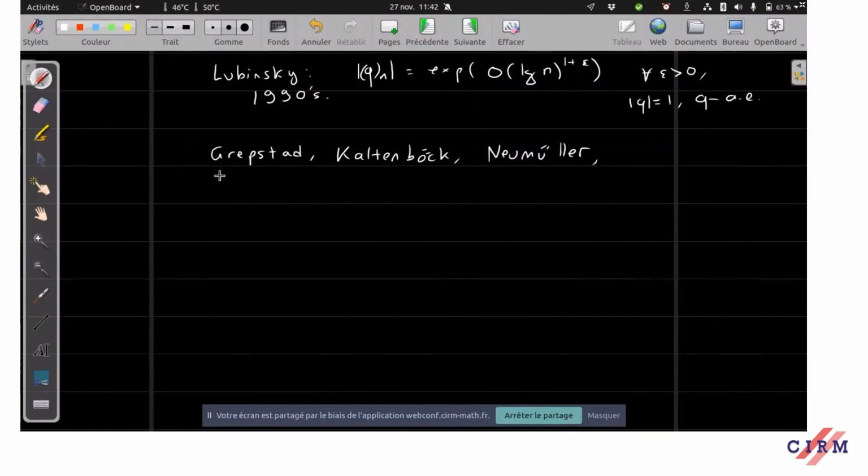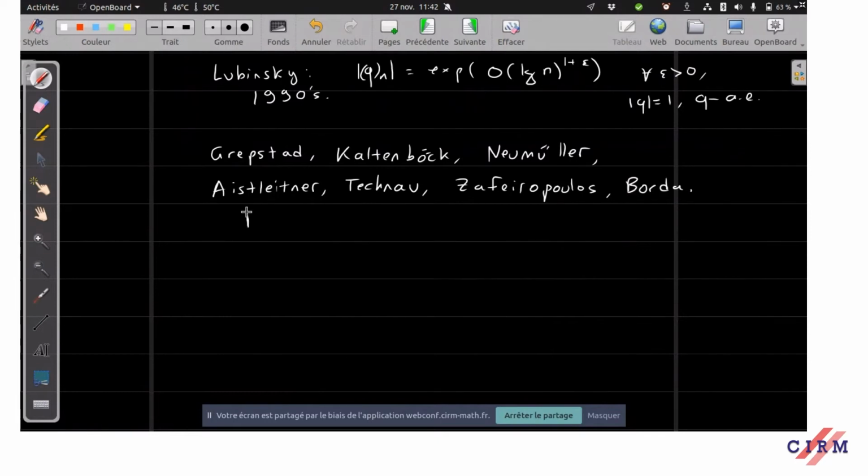And then there are two or three works with two or three of these people, followed by further work joint with Christoph Aistleitner, Niklas Technau, and Zafeiropoulos from Graz, and Bence Borda.